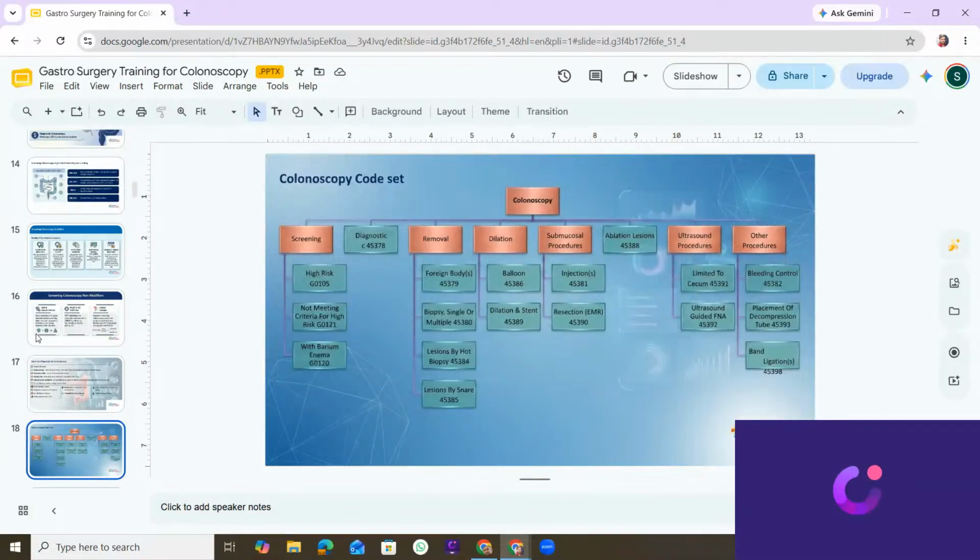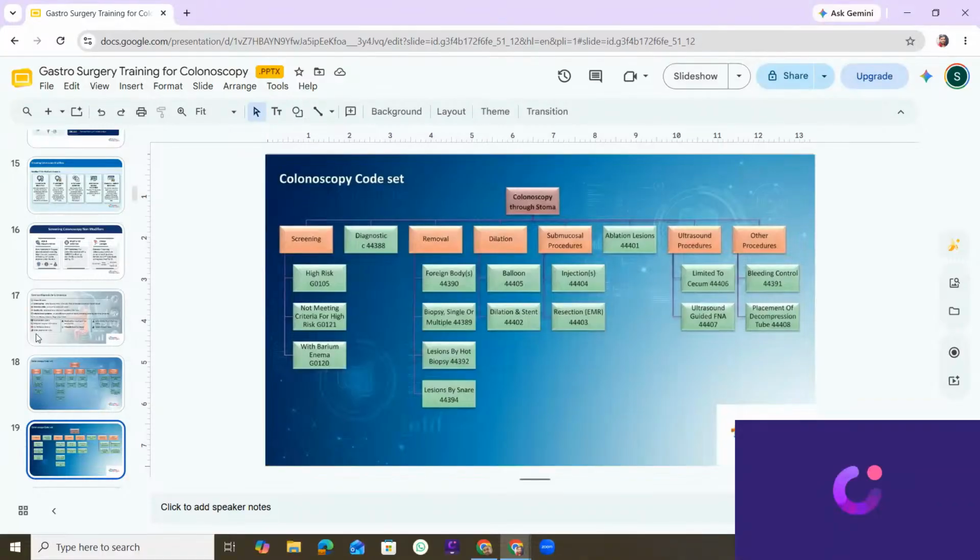Ultrasound procedure limited to the sigmoid, 45391; ultrasound for guidance with FNA, 45392. Other procedures: bleeding control, CPT code 45382; placement of a decompression tube, 45393; band ligation has a separate code, 45398. So these are the CPT codes mainly used for the colonoscopy set.